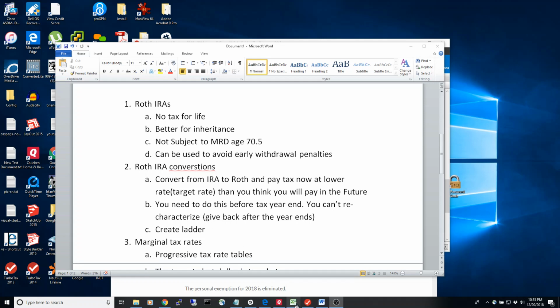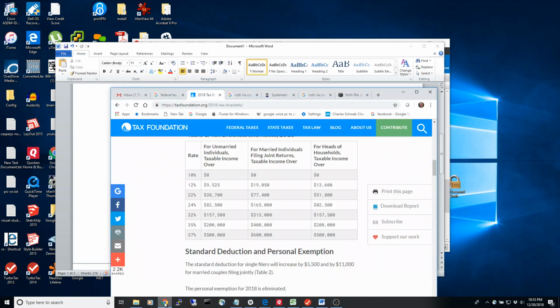So what we can do there is look at the progressive rates of income tax, and say we project that we're going to at least be in, say, the 24% tax bracket in the future.